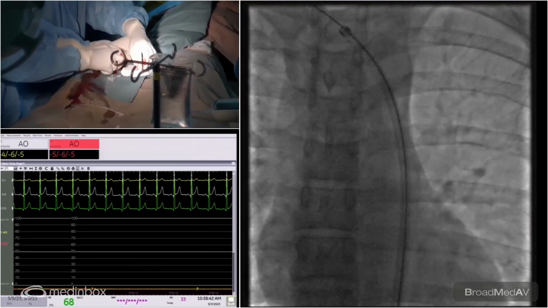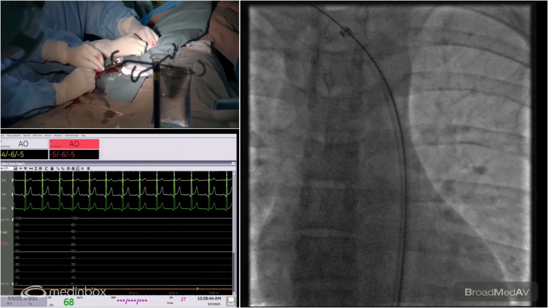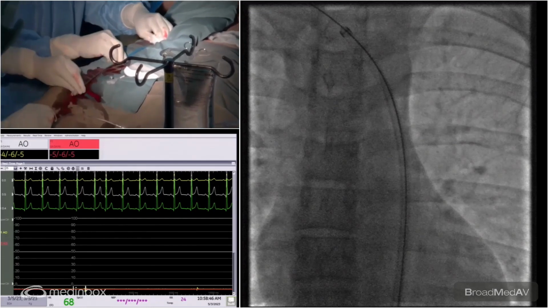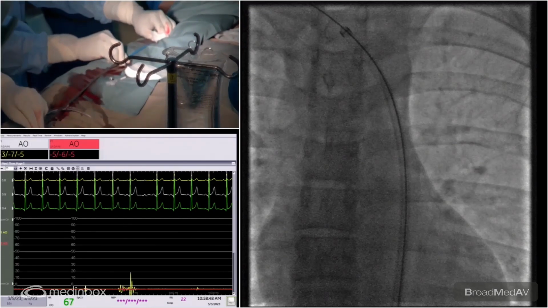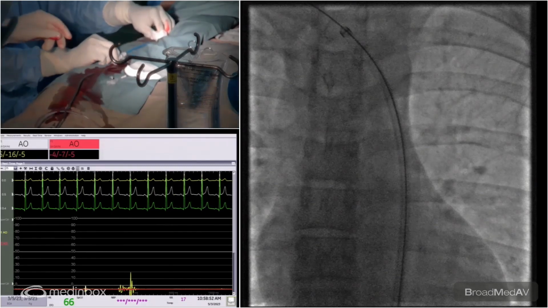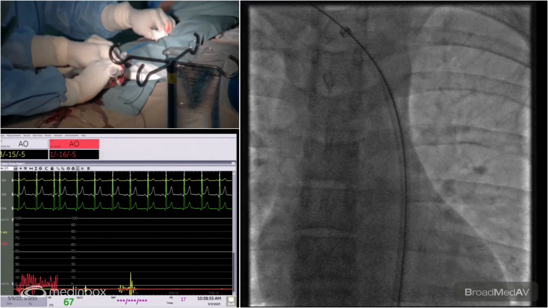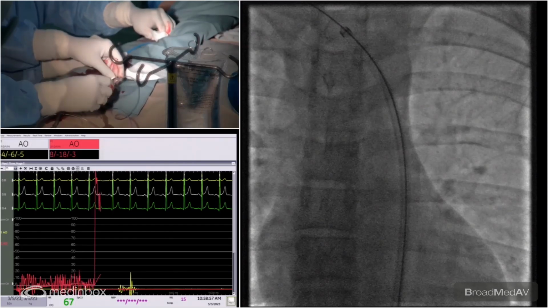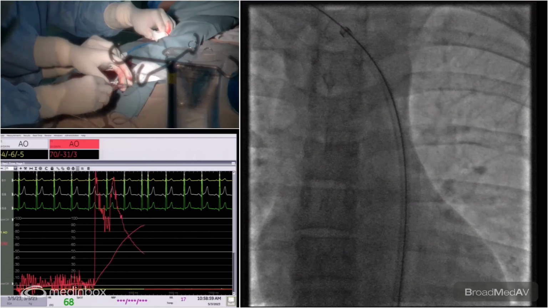Okay, so I'm taking out the dilator and holding the sheath. Yes. Connecting it to pressure so that we see the ascending aortic pressures.